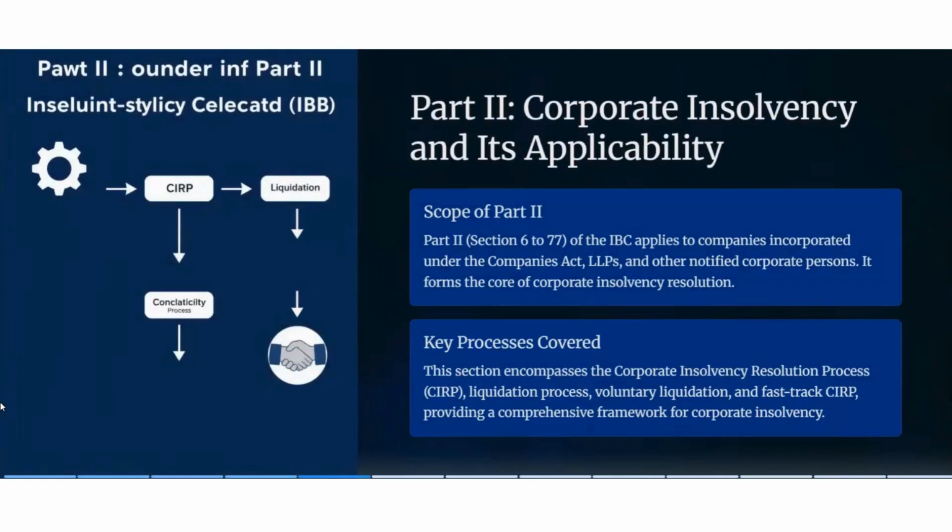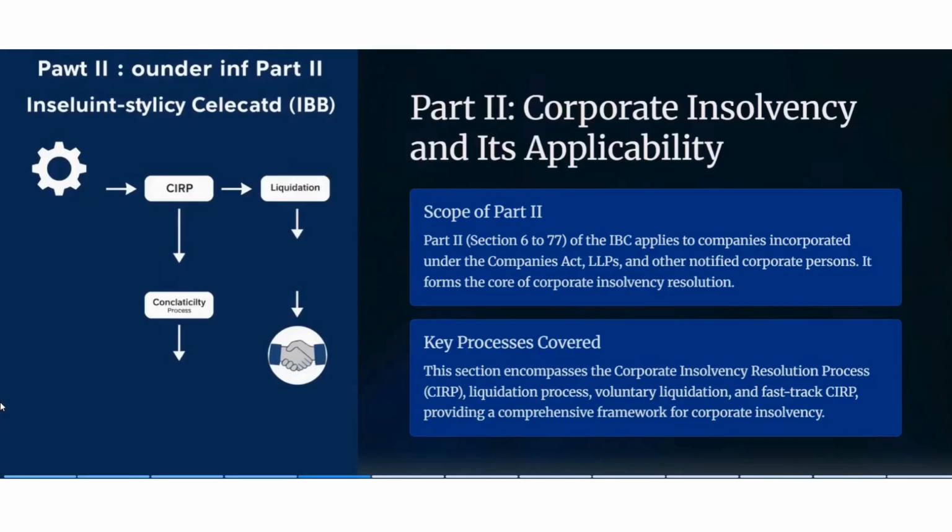Now coming to Part 2, corporate insolvency and applicability. Scope of Part 2, Sections 6 to 77 of IBC: it applies to companies incorporated under the Companies Act, LLPs, and other notified corporate persons.